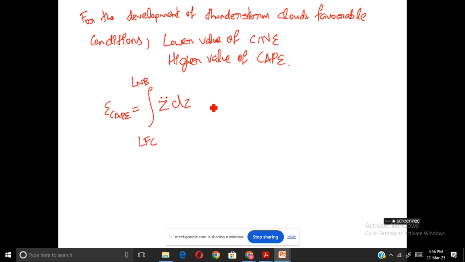That is, z double dot into dz, equal to the integral from LFC to LNB of d square z by dt square into dz, right?